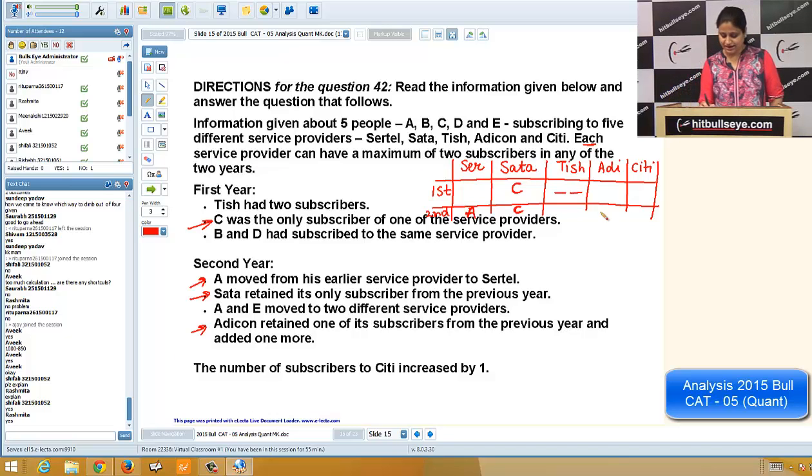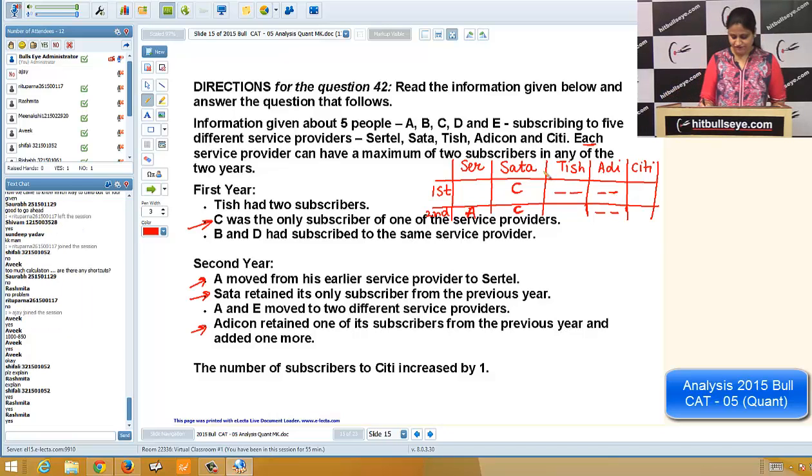It means Edicon will have 2 subscribers in the second year and 2 subscribers in the first year. Is it okay with you? See, all 5 persons are used in the first year, so there will be no data in SETEC and City. The number of subscribers to City increased by 1. It means there will be one customer. In the second year, we have taken all 5 places because there were 5 customers. So for this dish, there will be no customer. Clear?